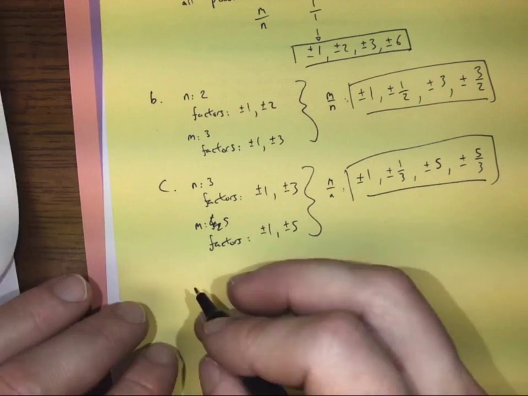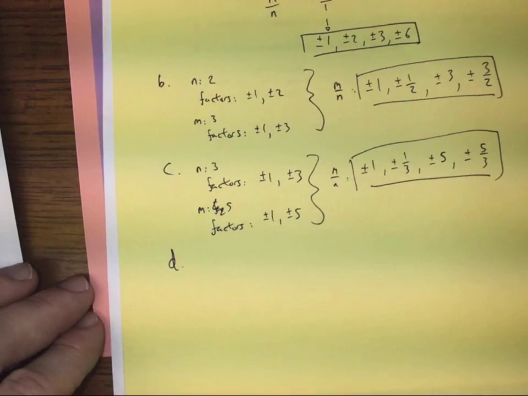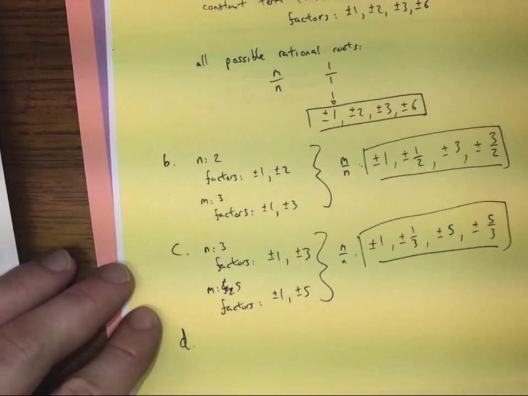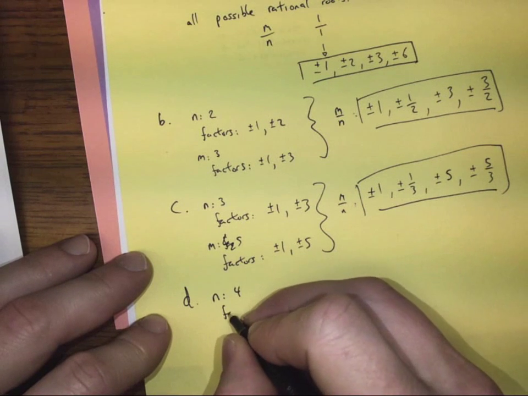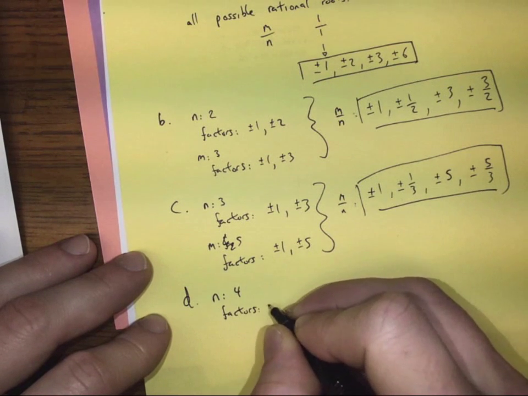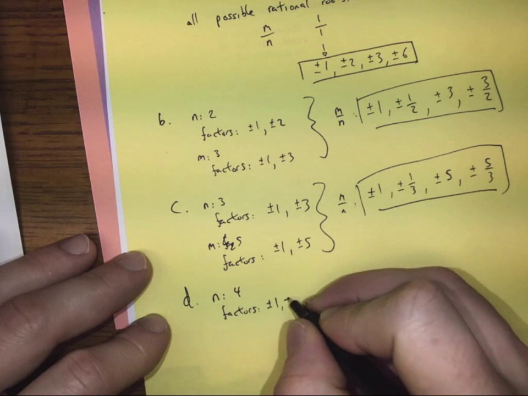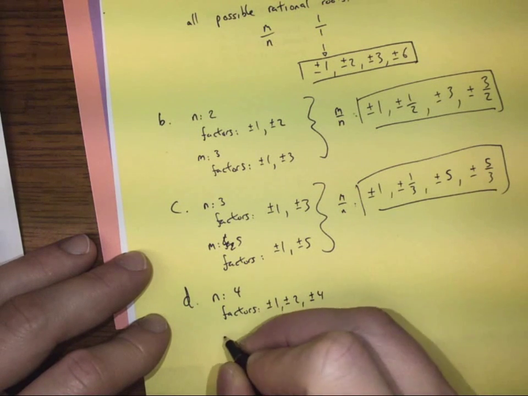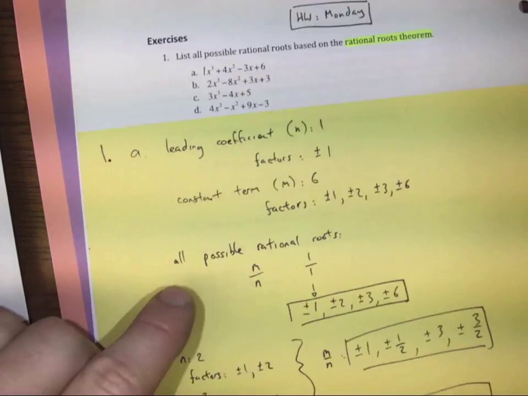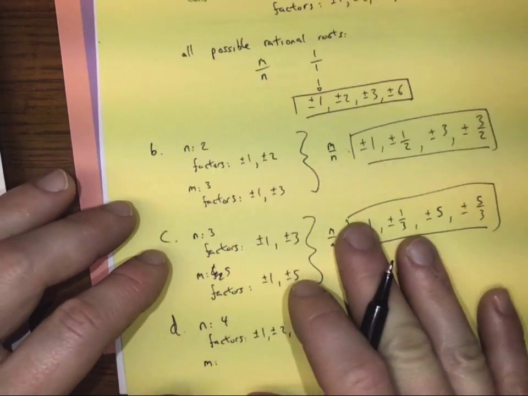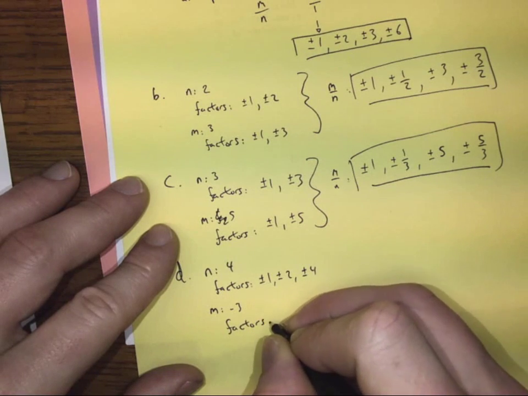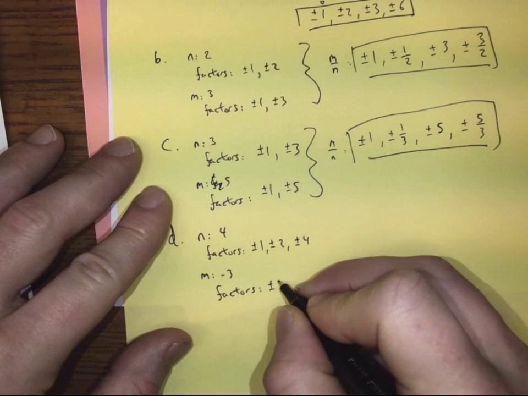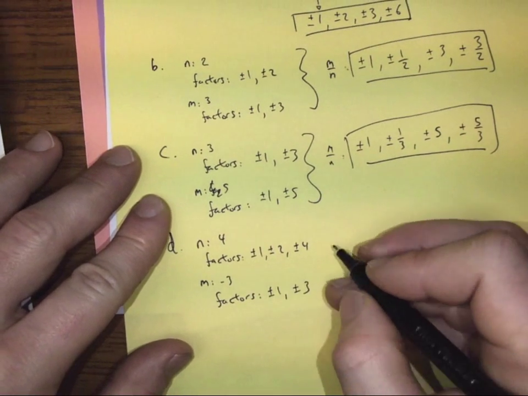And lastly we've got question D. Our leading coefficient is 4, and the factors of 4 are plus or minus 1, plus or minus 2, or plus or minus 4. And our m value is negative 3, and our factors are plus or minus 1, plus or minus 3.